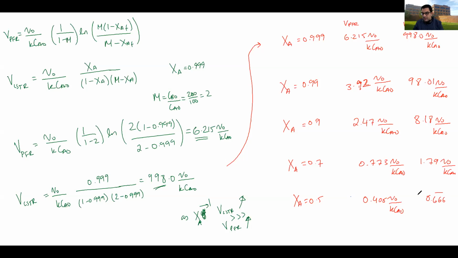And as you can see, as the conversion decreases, they're getting closer. But if you need much higher purity, you'll find out that a PFR is much more efficient, right? So at very high purities, a PFR is significantly more efficient. As your purity requirement drops, they start behaving similarly, as do your volume requirements.